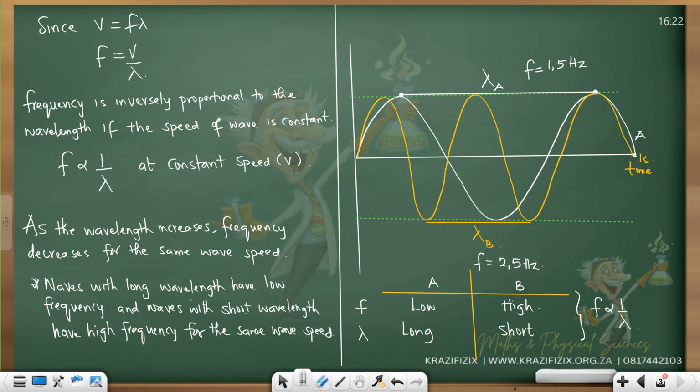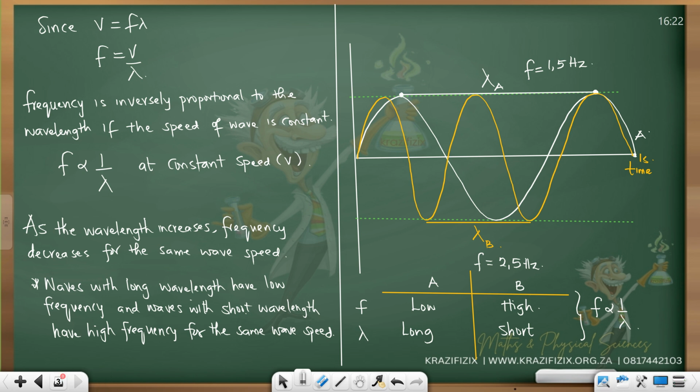All right. So now let's move into comparing the frequency and the wavelength when we have objects that are moving. So now this is us going into what the Doppler effect is.